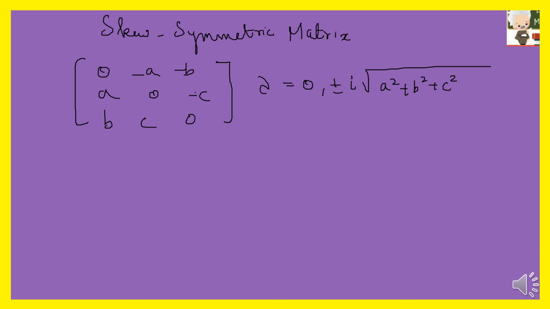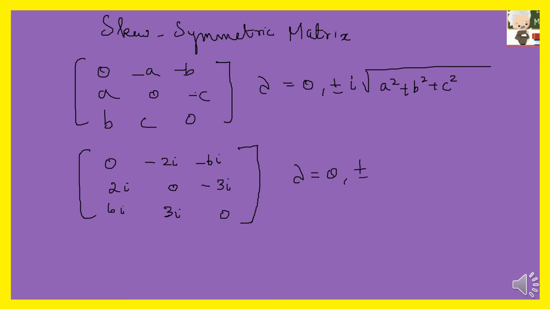So let us take an example. So if I have a skew symmetric matrix like 0, minus 2i, minus 6i, 2i, 0, minus 3i, 6i, 3i and 0, this is a skew symmetric matrix, right? Then my lambda values are, one is 0 comma plus or minus i. What is my a? It is 2i, right? So minus 2i square plus my b is minus 6i square plus my c is minus 3i square.